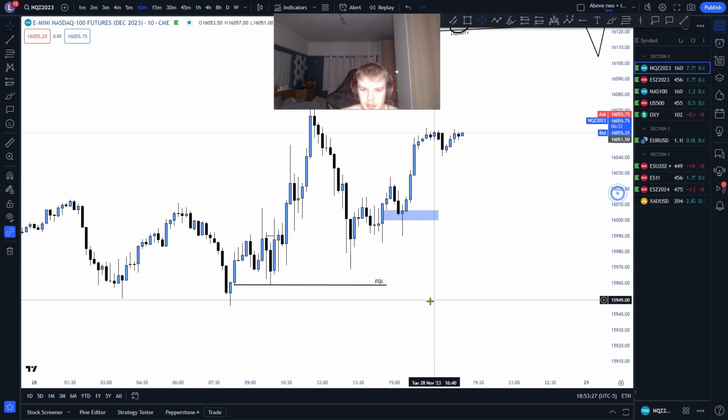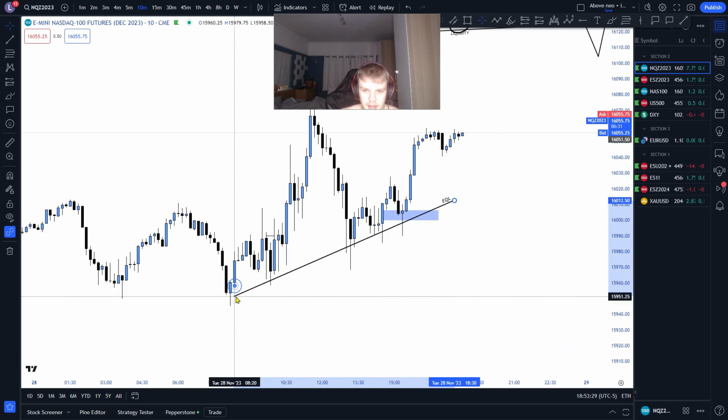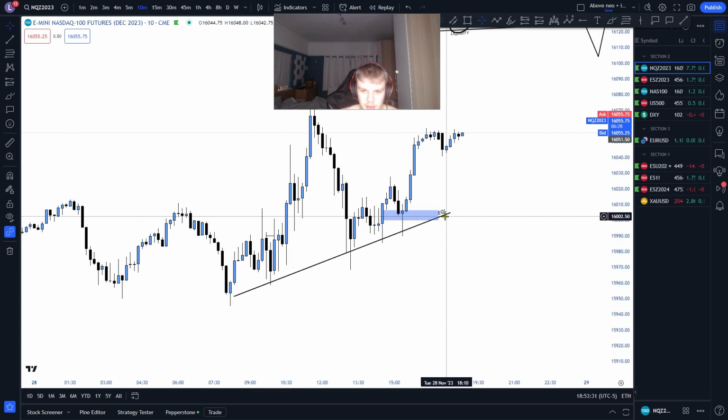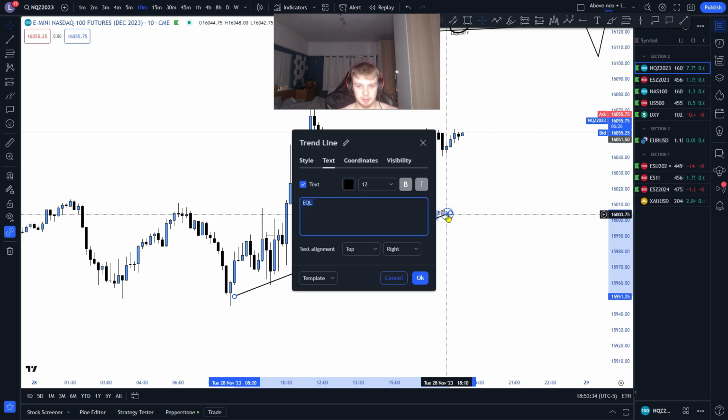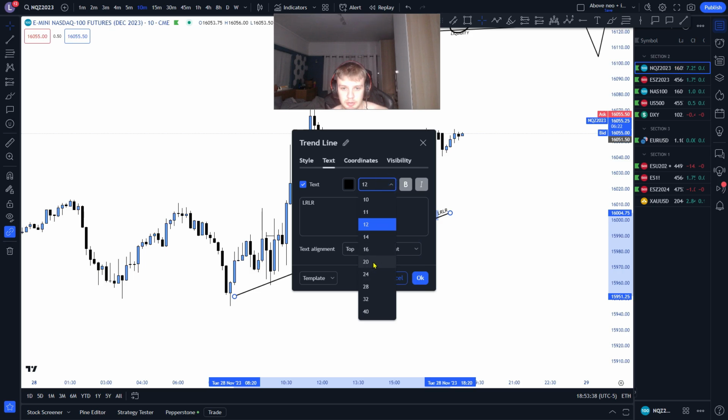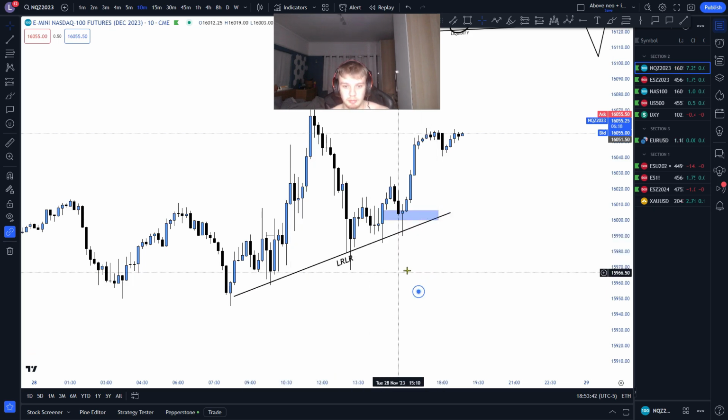So looking at the charts right here, this would be a low resistance liquidity run right here. Let me just label that for you. Low resistance liquidity run. Let's make it middle. And there you go.